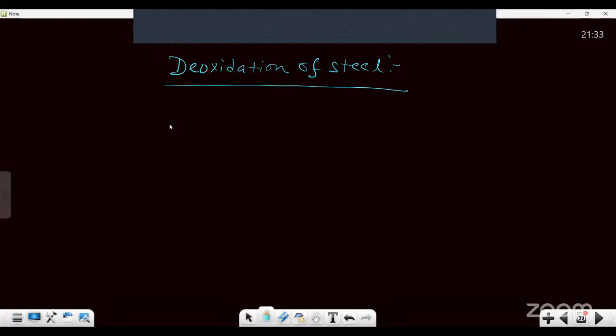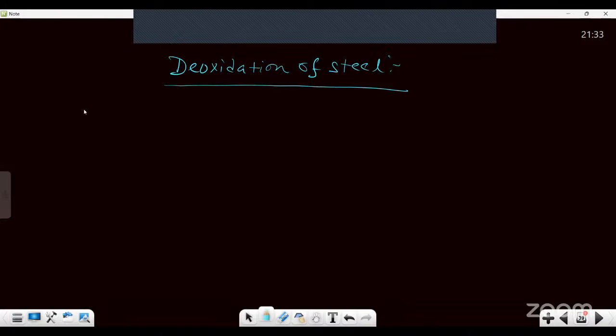If the oxygen level is too high in the molten steel, that is something not good. The oxygen is going to create a lot of problems, so we need to deoxidize this steel.